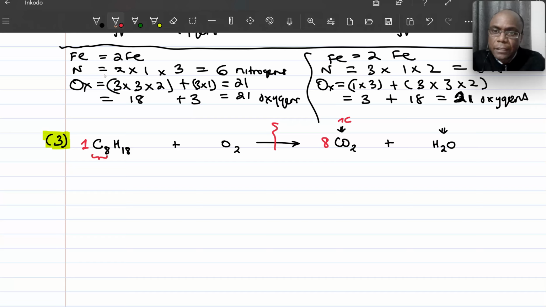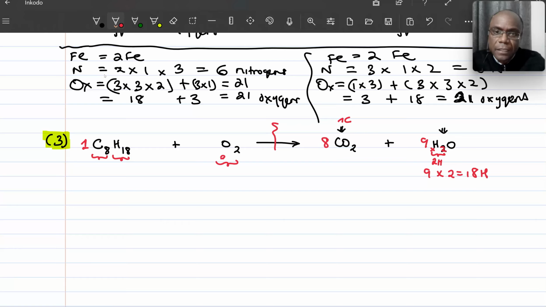Okay, and then let's go to the hydrogens. I have 18 hydrogens, but here I see that I only have 2 hydrogens. How do I make them 18? I probably put a 9 there. Because if I put a 9 there, then it would be 9 times 2 equals 18 hydrogens. Now we come to the oxygens.